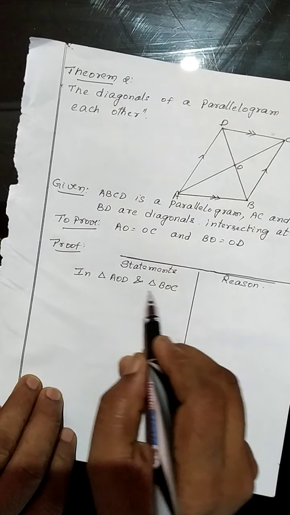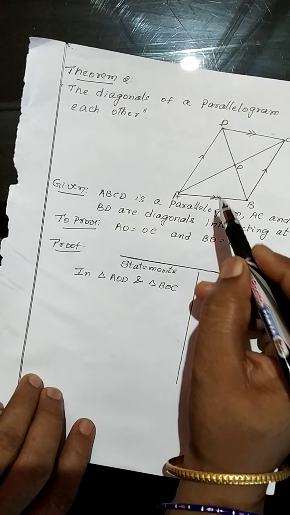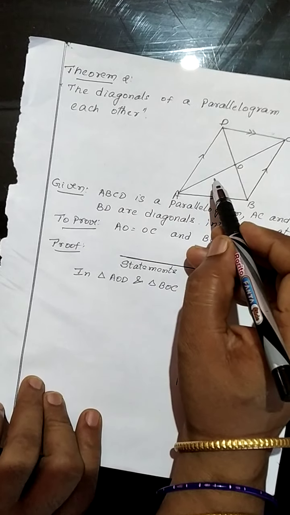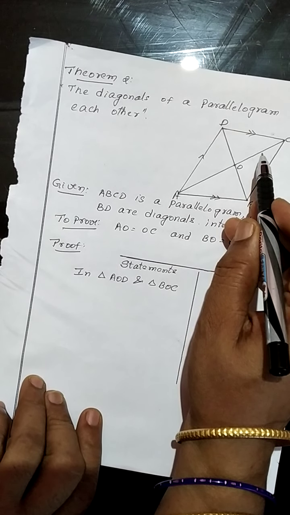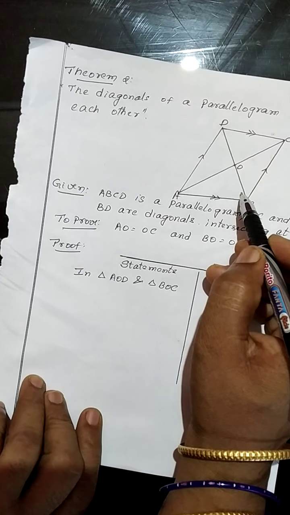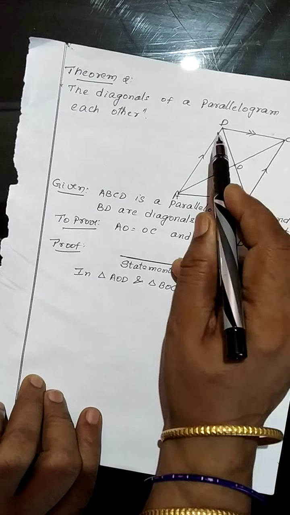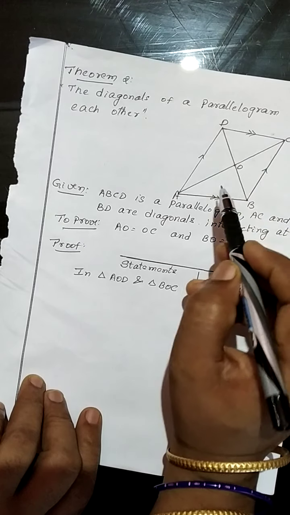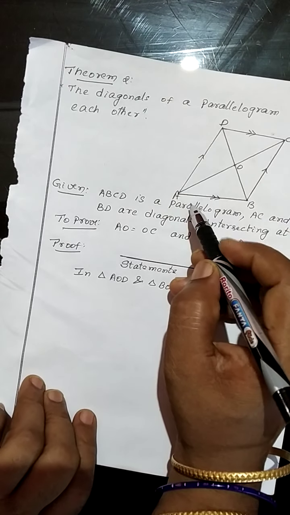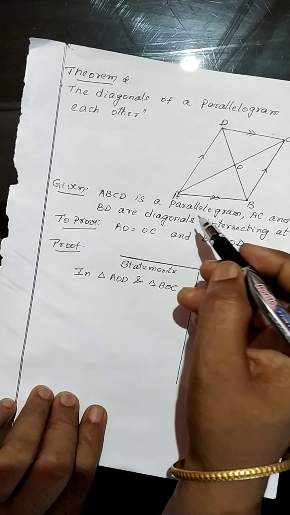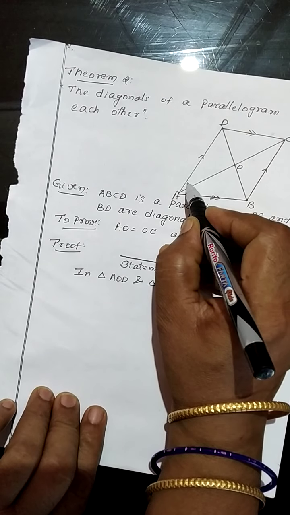Now in the proof, I have to take two triangles in such a way that the lines AO, OC, OD, OB are included. So I am taking triangle AOD and triangle BOC. In this, for proving the congruency, we will take these two angles.